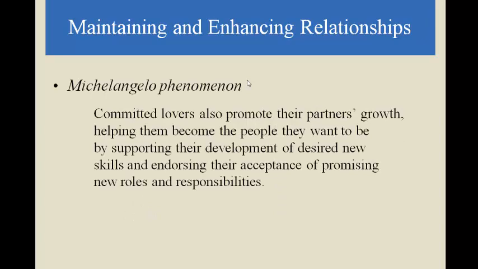Another one, I love the terms that your textbook uses: the Michelangelo phenomenon. This is the general idea that being in love and being in a committed relationship helps you to grow, at least assuming it's a good and happy relationship. The idea is that you help your partner become the best version of himself or herself, and your partner helps you become the best version of yourself.